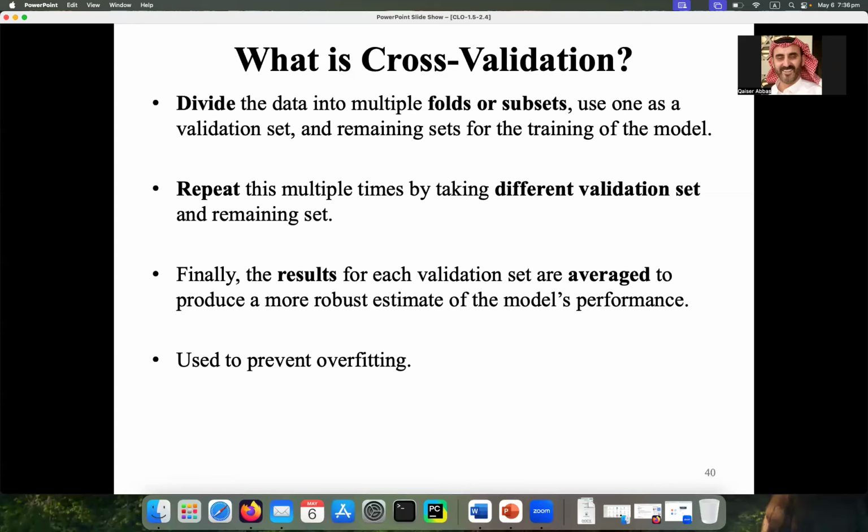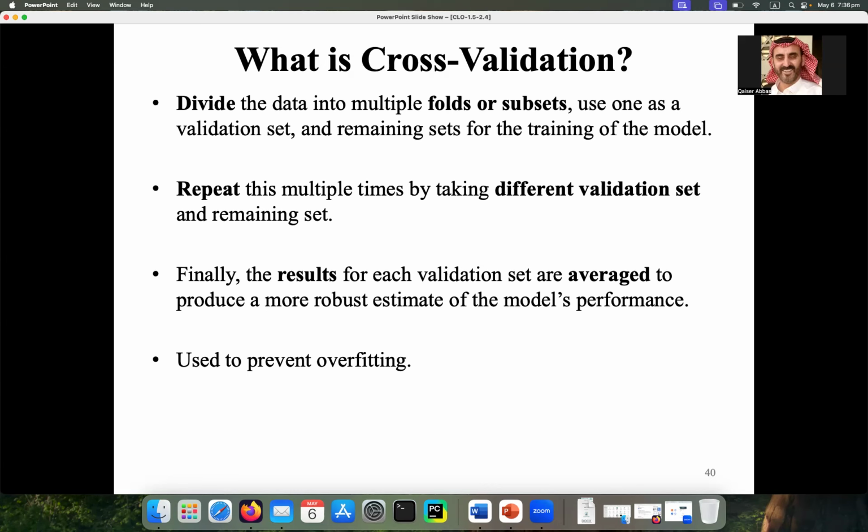Okay, now let's start. What is cross validation? This is a very famous technique that people mostly use. In this technique, you divide your data set into subsets, or you can simply call them folds. Then you take one fold out. That one fold you take out, you call it test data or validation data, and the others are your training data.